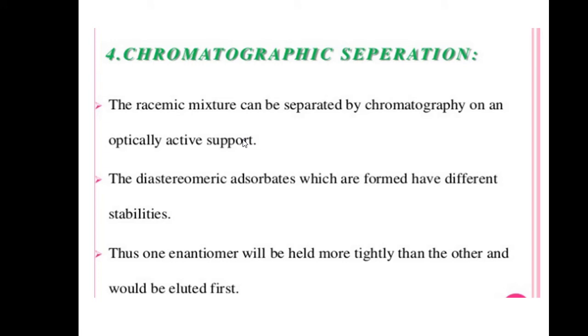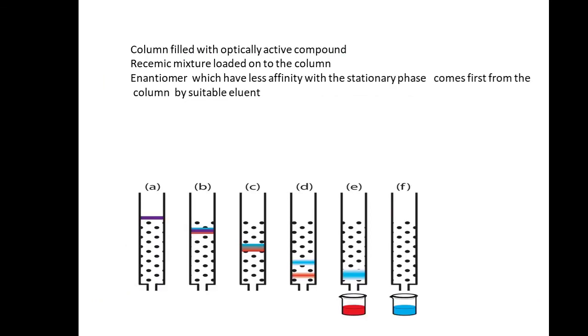The next is chromatographic separation. The racemic mixture can be separated by chromatography on an optically active support. The diastereomeric adsorbates which are formed have different stabilities. Thus, one enantiomer will be held more tightly than the other, and the other would be eluted first. This is a chromatography column. We first fill this column with a chiral or optically active compound.